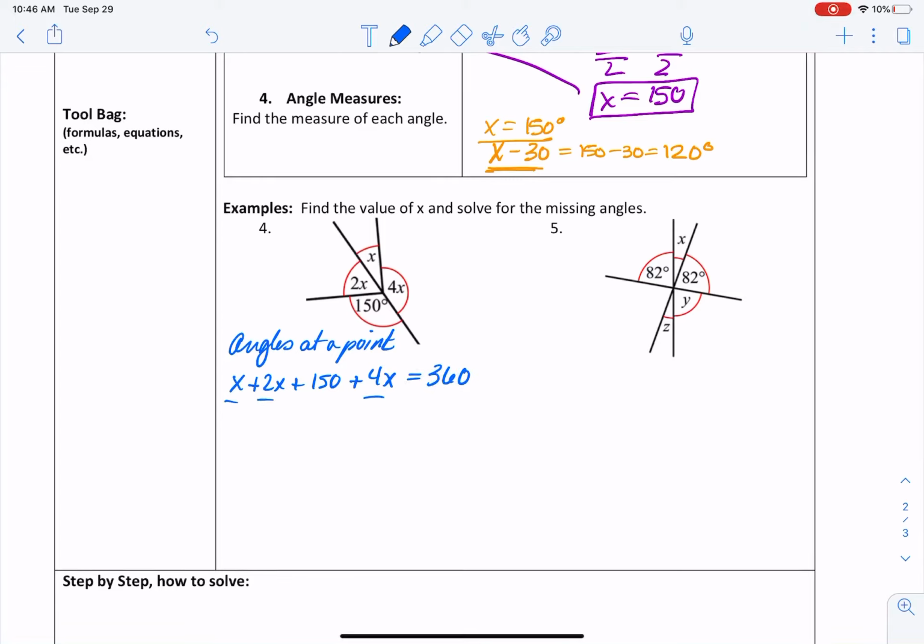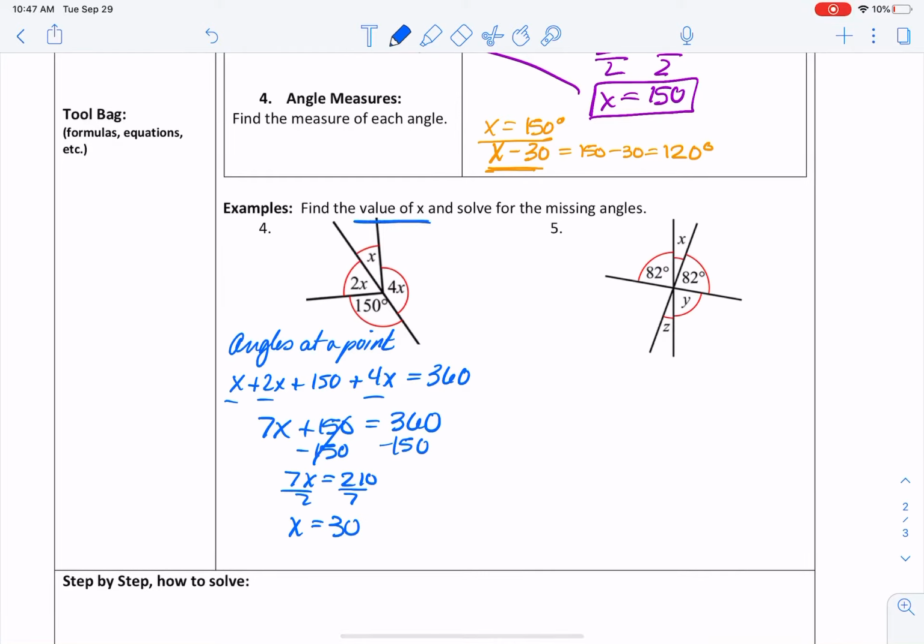Combine like terms, 1 plus 2 is 3, plus 4 is 7x, plus 150 equals 360. Subtract 150 from both sides. 7x equals 210. Divide, x equals 30.